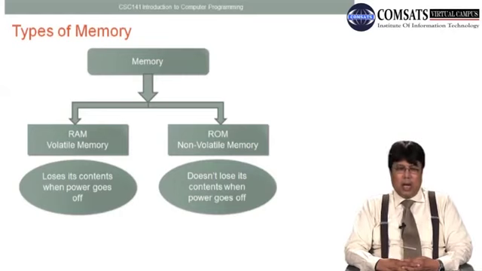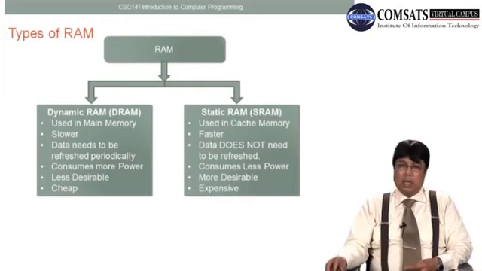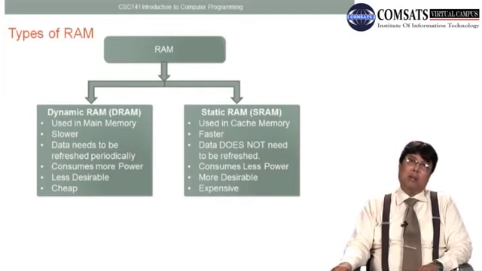As I said, in the dynamic RAM, within a fraction of a second you are required to refresh the data, but for the static RAM you are not. Data remains there, it is static, that's why we call it static RAM. It consumes less power. Obviously it's more desirable than the dynamic RAM due to these features, and anything which has more requirement is expensive, so it is expensive with respect to the dynamic RAM.